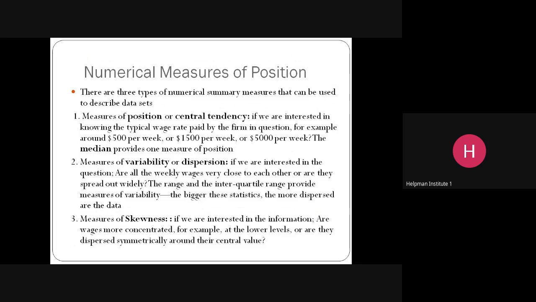Say we want to know whether those graduates whose data we were looking at from the beginning are paid more or paid less, across all the samples that we collected. We employ the measures of skewness. It tells us whether the data is skewed to the right or skewed to the left.